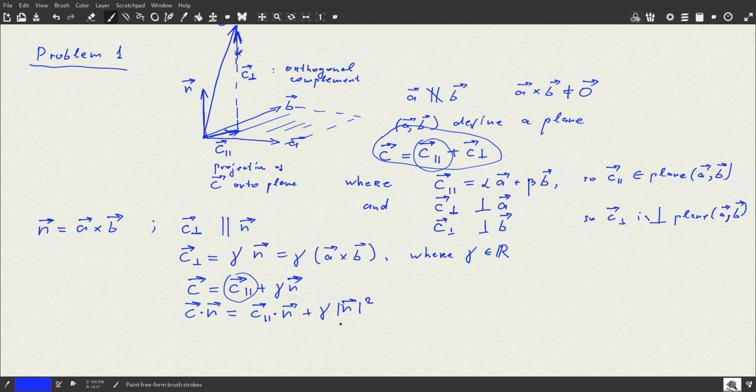All right? But what is C in plane dot product n? What about this term? 0. You are right, they are orthogonal to each other, due to orthogonality.